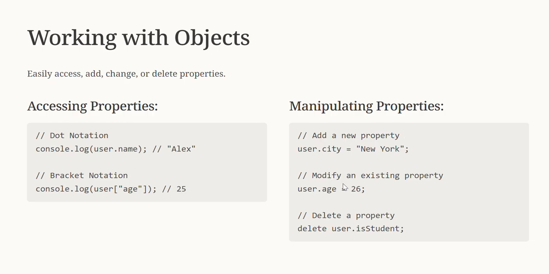And how to modify an existing property in the object? We can reinitialize or reassign it. In that way we can change or modify the objects. So how to delete a property from the object? We can just use delete and the object name dot the key name which we want to delete from it.